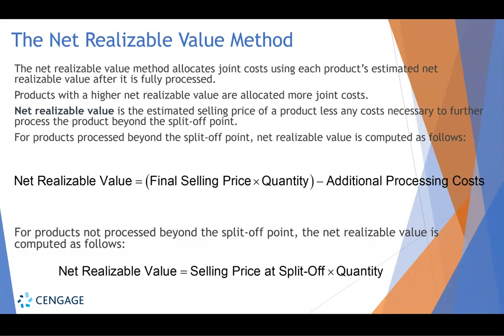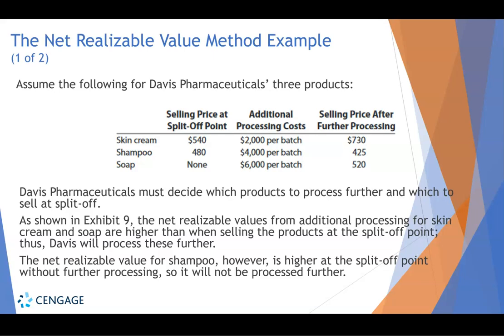Products not processed beyond the split off point, the net realizable value is the selling price at split off times the quantity. So here we've got the selling price at split off. We've got additional processing costs, and we've got the selling price after the additional processing costs.